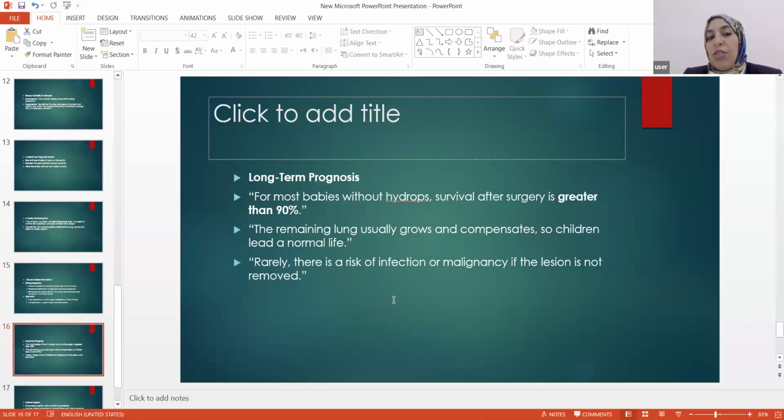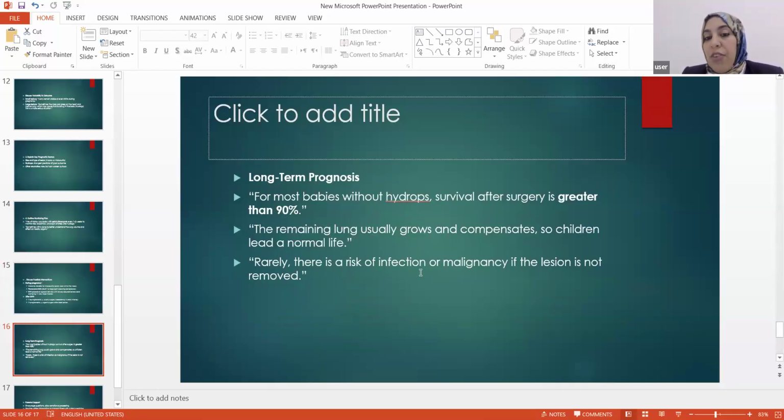And what is the long-term prognosis? What will this disease affect in the long term, how does it affect the baby in the long term? The survival after surgery, if it is a good condition with a good prognosis, may be 90%. And in case of surgical resection of CPAM lesions, maybe a very good prognosis, as the remaining lung grows and compensates.